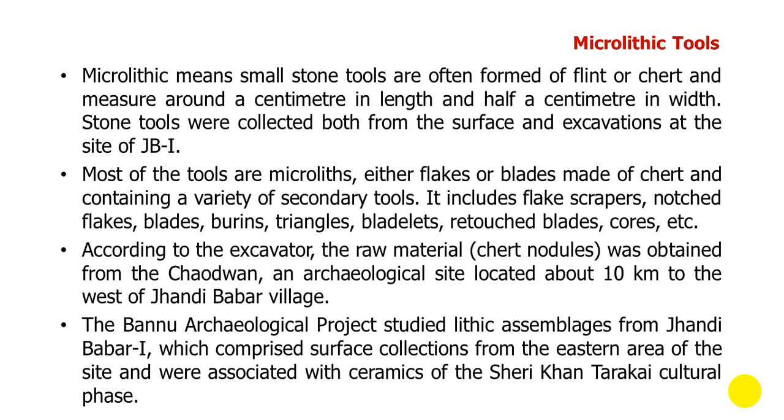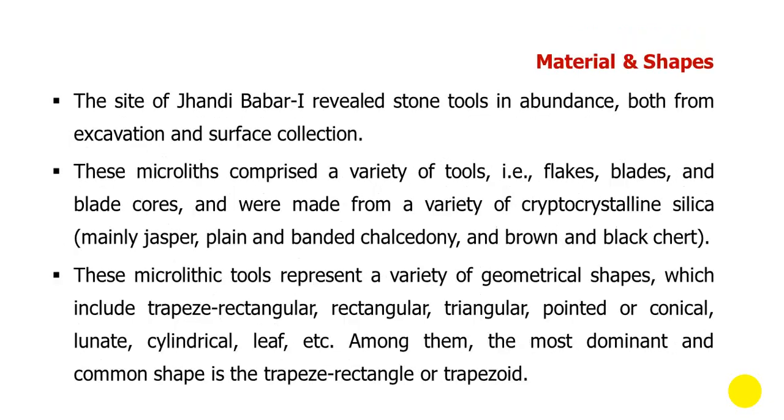Later, the Bannu Archaeological project studied lithic assemblages from Jhandi Babar-I, which comprised surface collection from the eastern area of the site and were associated with ceramics of the Sheri Khan Tarakai culture phase.